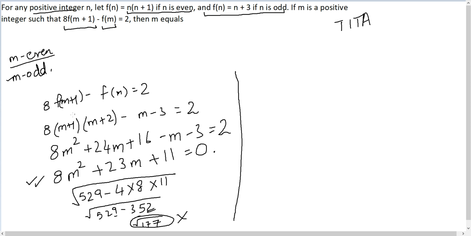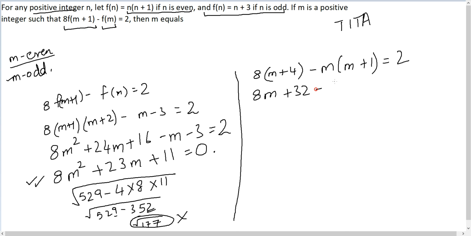Let's take m as even. If we took m as even, then we would get 8 times (m + 4), m plus 1 plus 3, minus m into (m + 1) is equal to 2. You again open this up, you get 8m plus 32 minus m square minus m is equal to 2.